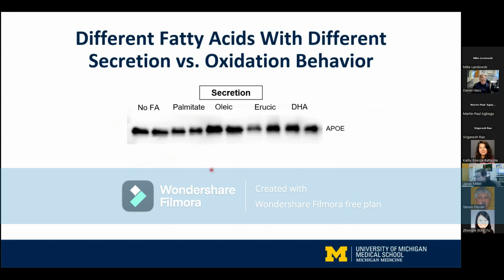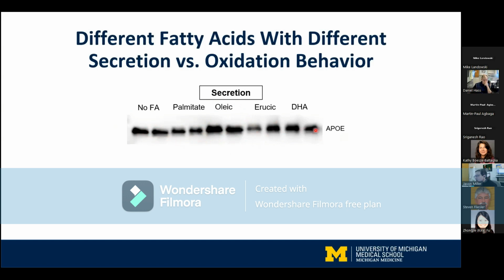But it seems fairly consistent that oleic acid, so we're looking at ApoE secretion again as a proxy for lipid secretion. We've established that as more lipids get secreted, more ApoE gets secreted. So if you look at ApoE secretion under oleic acid treated conditions, you see more than, for example, palmitate conditions, or when there's no fatty acid around.